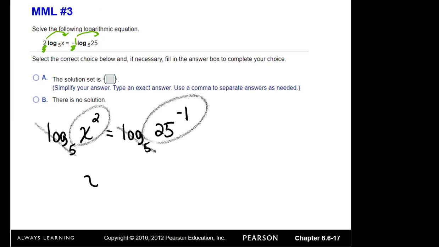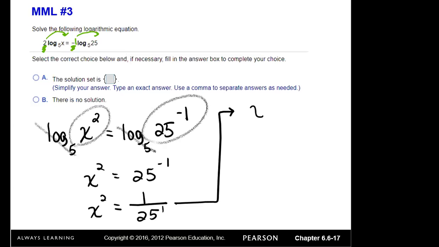So x squared equals the 25 to the negative first. And of course, 25 to the negative first, if I drop that, that will be 1 over 25 to the positive first, which is just 1 over 25.